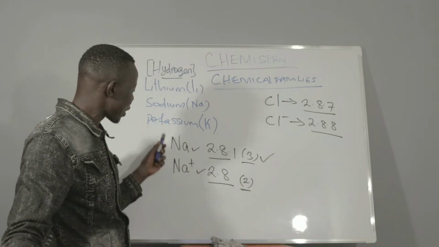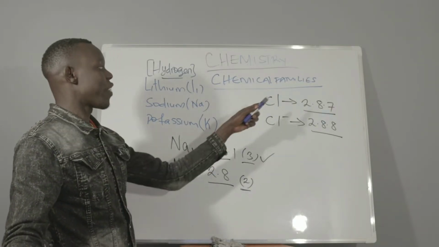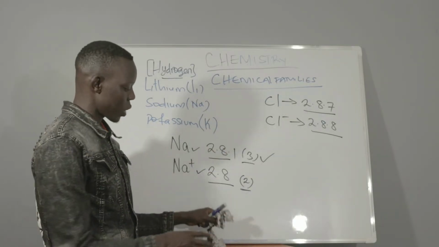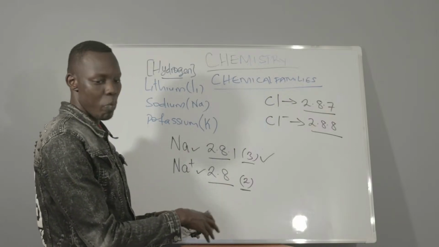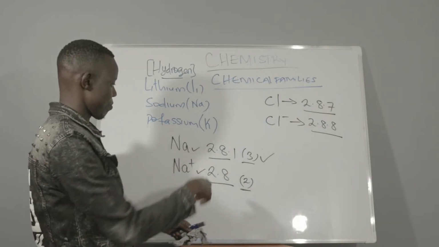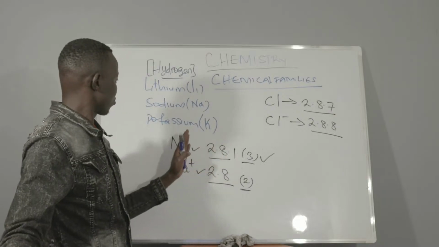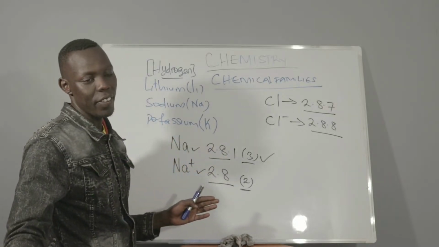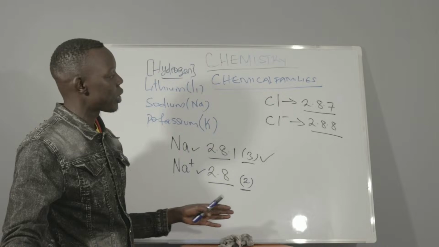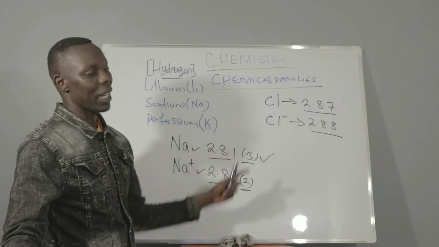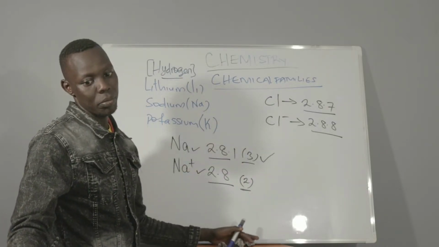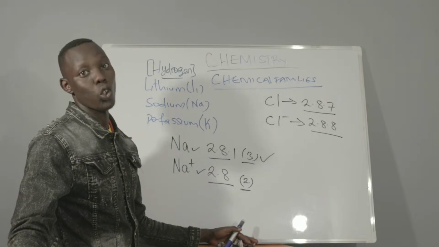If you use the reasoning that we have used for alkali metals, you will fail there. My student one day understood this for alkali metals and even the alkaline earth metals, but she applied the same concept there, and she did not score.